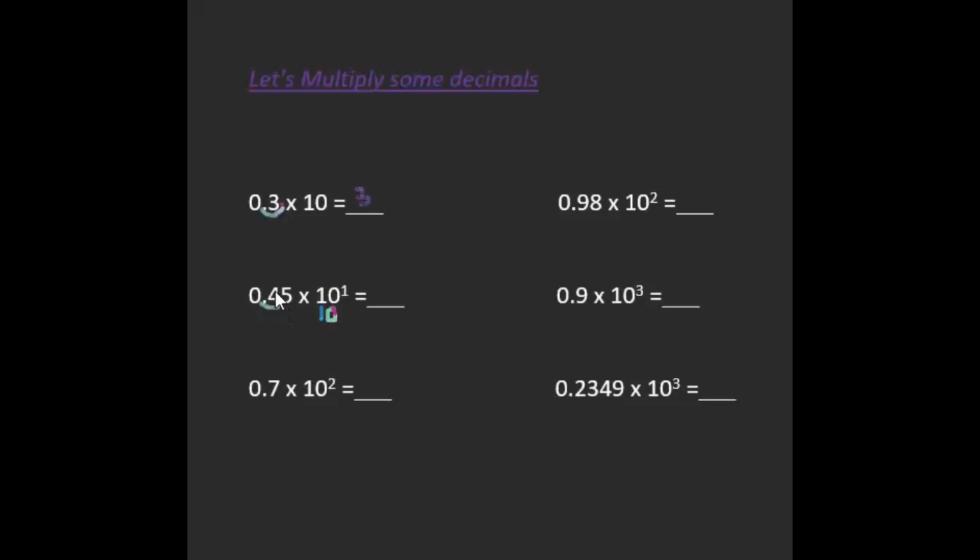So that shows the 4, and the 5 is behind. Since the decimal point moved past the 4, the whole number is 4, and it's in front of the 5. So the 5 is a decimal number. So it's 4 and 5/10 as the answer.